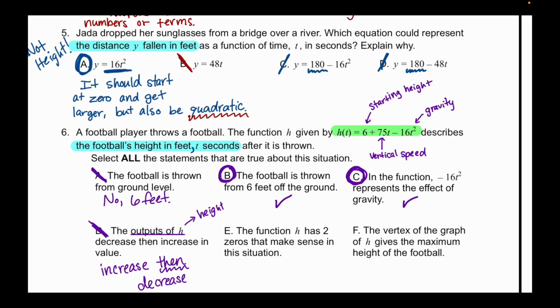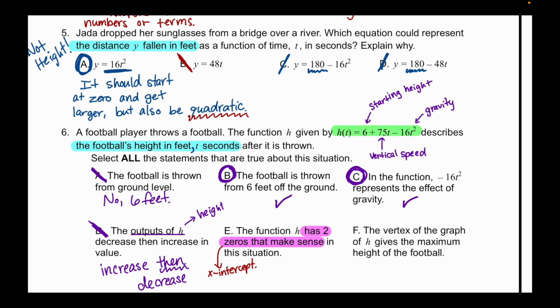And then that leaves us with two options left. We have the function h has 2 zeros that make sense. So let's highlight this and we'll talk about it: has 2 zeros that make sense in this situation. Okay, so a 0, this word 0, is what we can call an x-intercept.